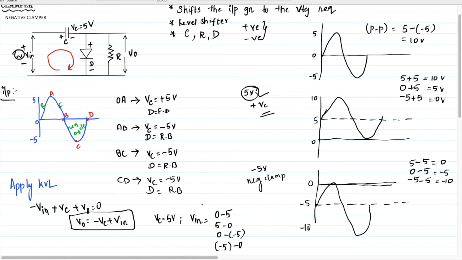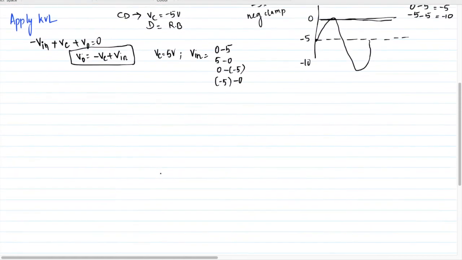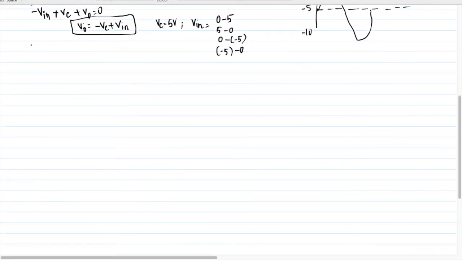So these are the input value ranges: 0 to 5, 5 to 0, 0 to minus 5, and minus 5 to 0. So I'll apply them for the output. V out equals minus 5, first is 0 till 5, right? So 1, 2, 3, 4, 5.